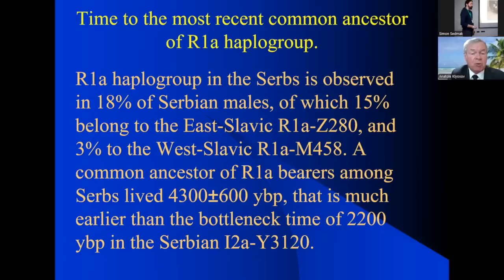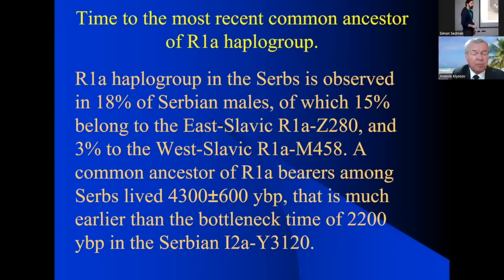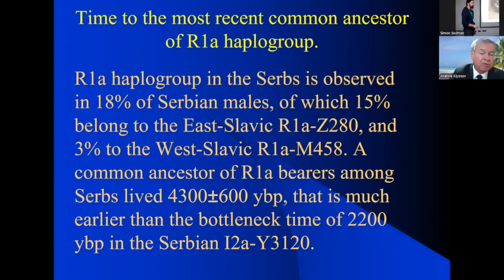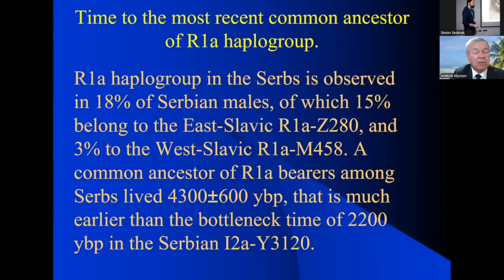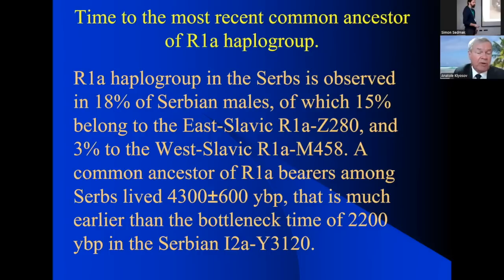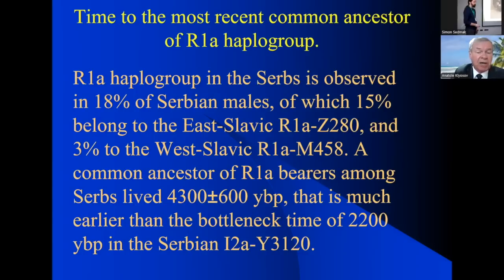So basically, R1a didn't go through genocide in Europe, and they migrated to nowadays Serbia, and that's why they lived 4,900 years ago in Russia, and 4,300 years ago, a bit later, naturally, it took some time for migration, in Serbia.